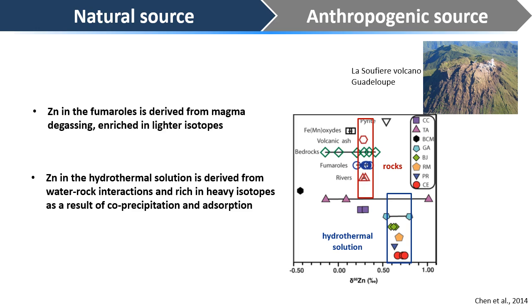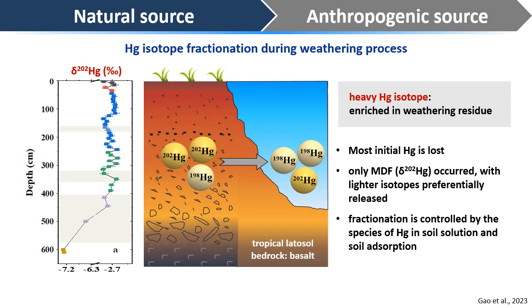What we see using zinc isotopes is that the zinc in fumarole gas is generally derived from magma degassing and enriched in light isotopes. On the other side, zinc in hydrothermal solution is mainly derived from water-rock interactions and enriched in heavy isotopes as a result of cold precipitation of sulfide or adsorption on iron oxyhydroxide.